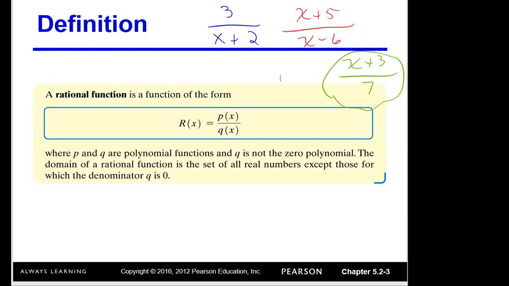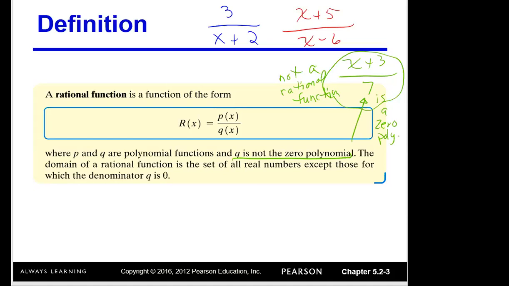This is not a rational function, because it says q is not a zero polynomial. 7 is a zero polynomial. Its degree is 0, because that's like saying 7x to the 0.